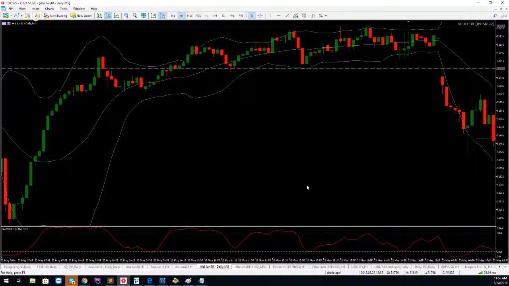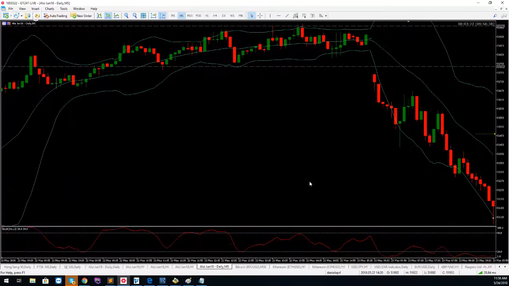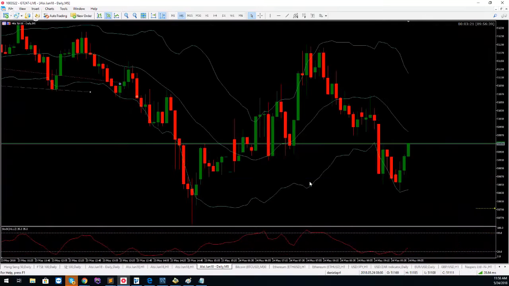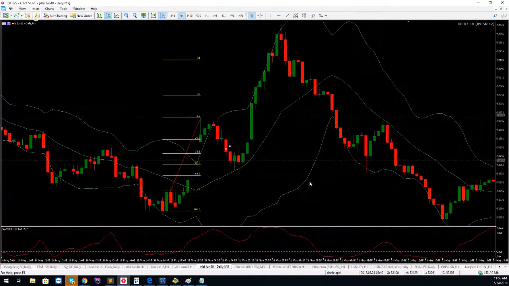So I use Fibonacci's numbers and the Fibonacci sequence lines 100% for that in our one strategy. It is target setting. Let me give you an example. Here we go.